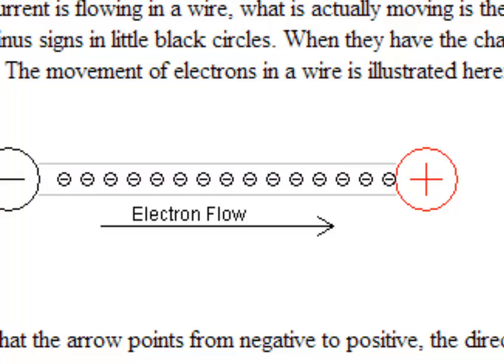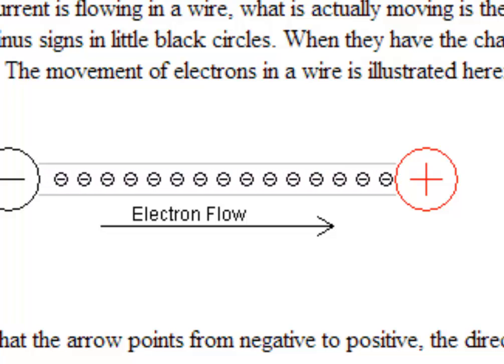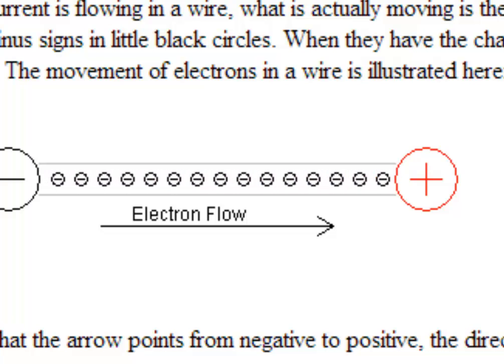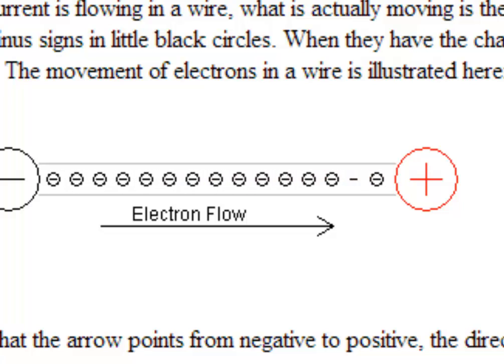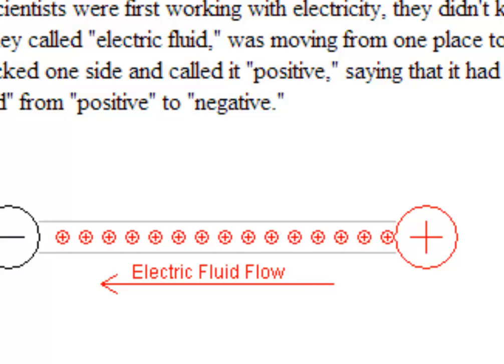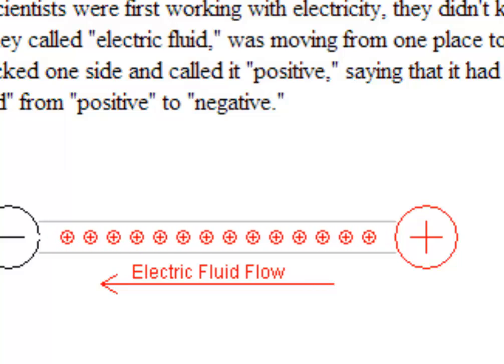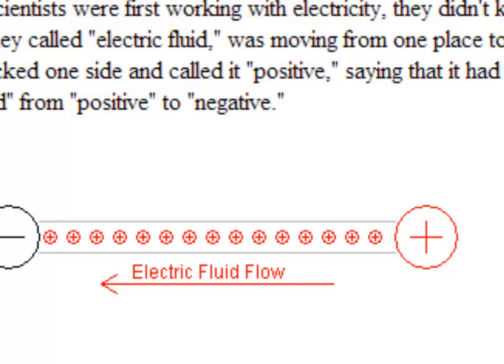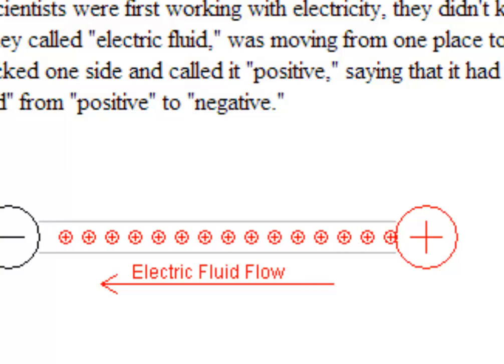What we would say is that the electrons are moving from left to right. We would talk about the current moving from right to left, from positive to negative. So here would be an example of electric fluid flow, or the current, where we have a flow of positive charge. This isn't what's happening, but this is how we describe current.